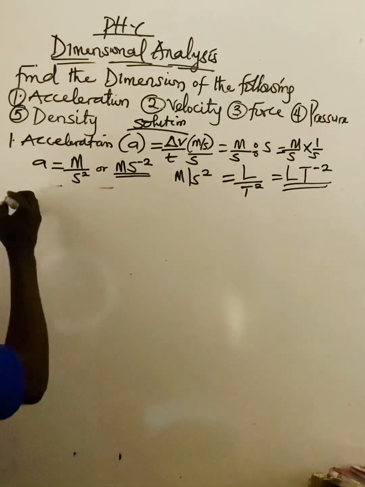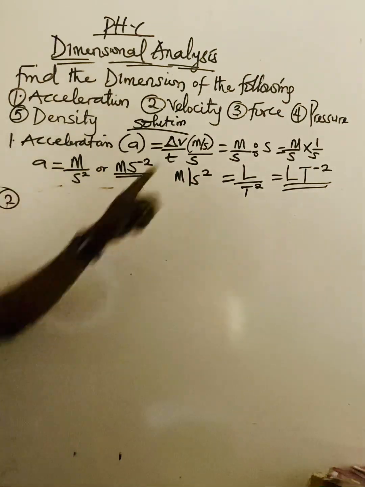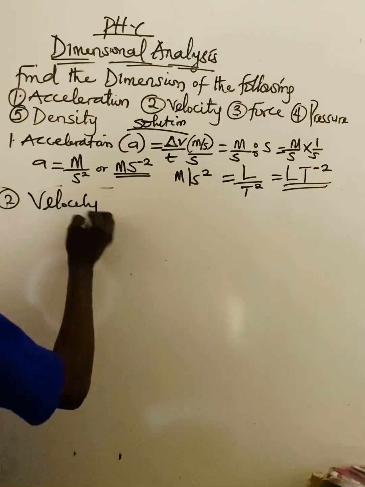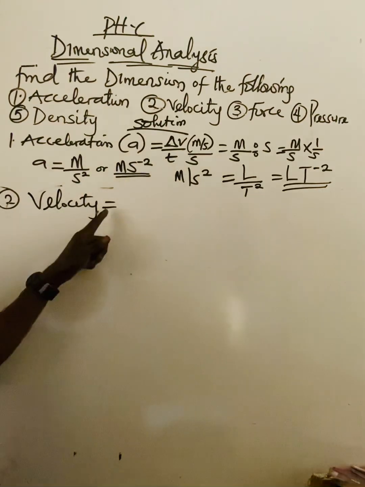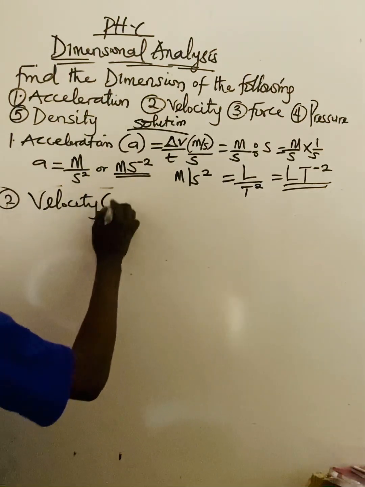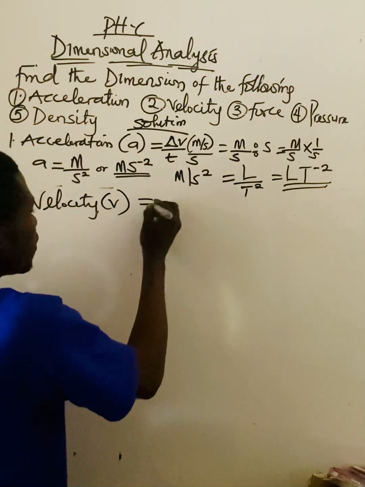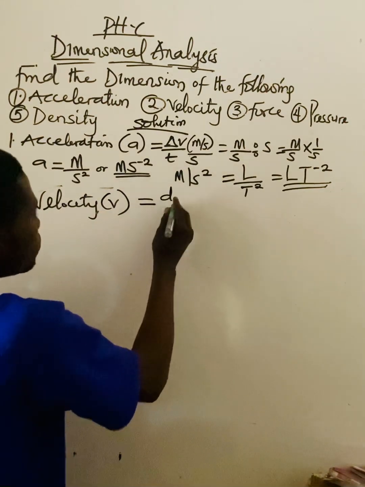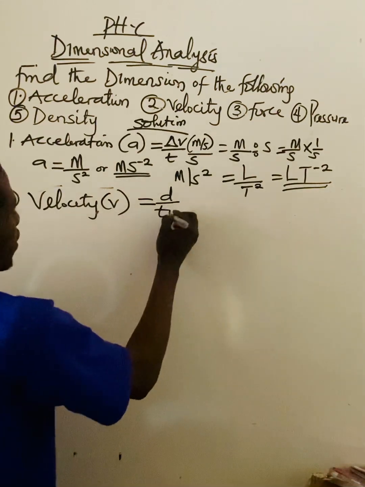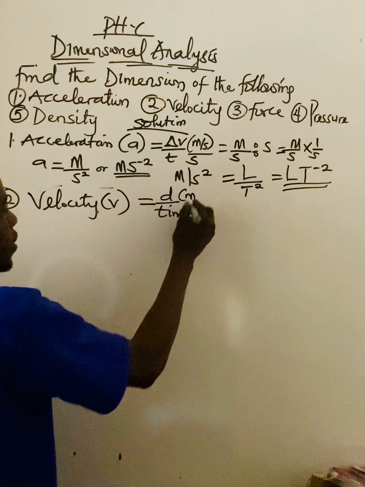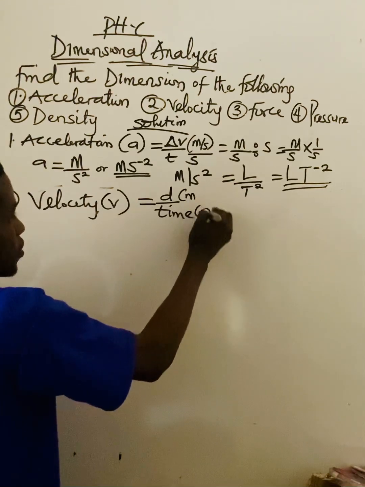All right, let's go to number two, which is velocity. Velocity, which is denoted as V, is equal to distance over time taken. Distance is measured in meter, and time is measured in seconds.